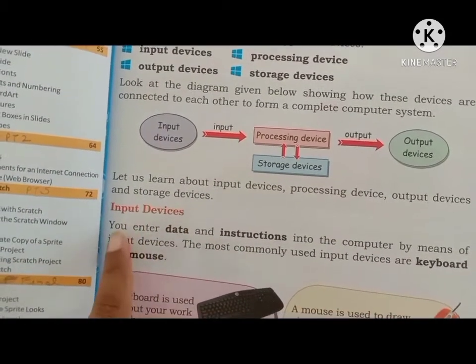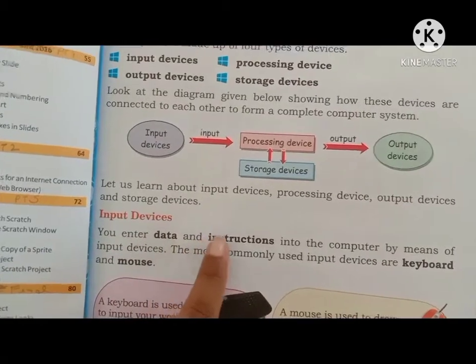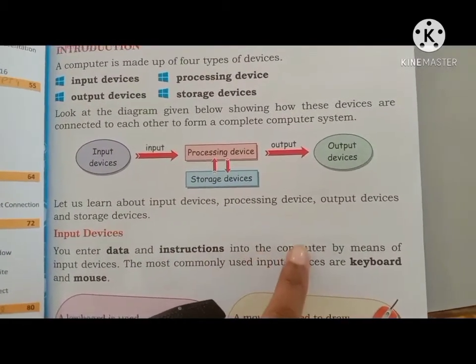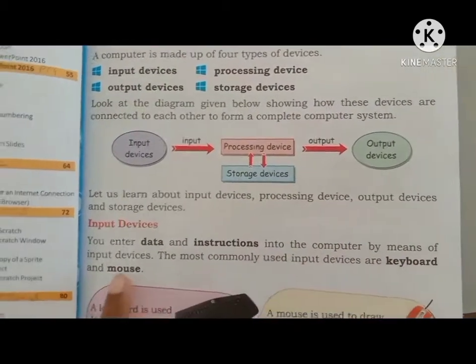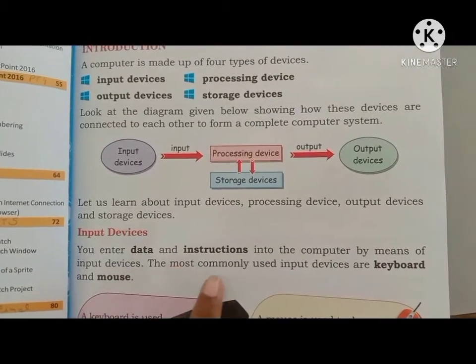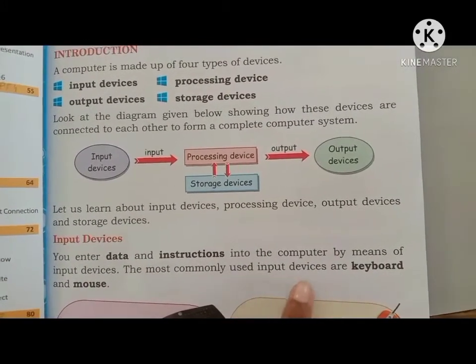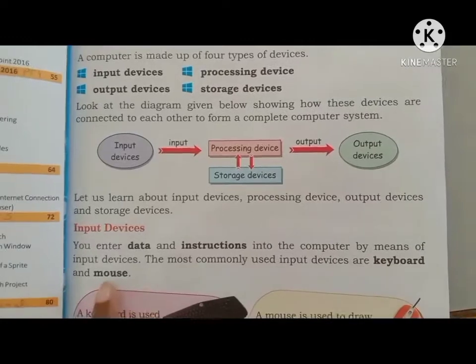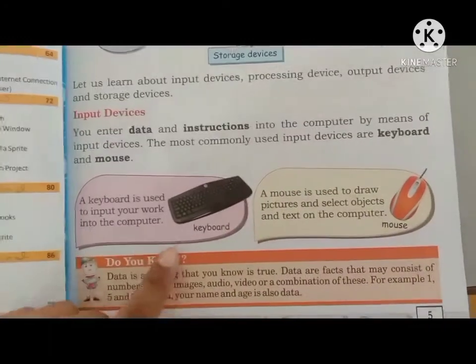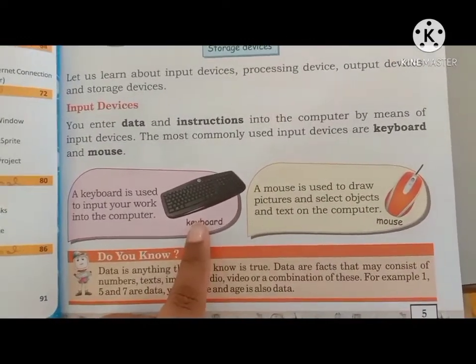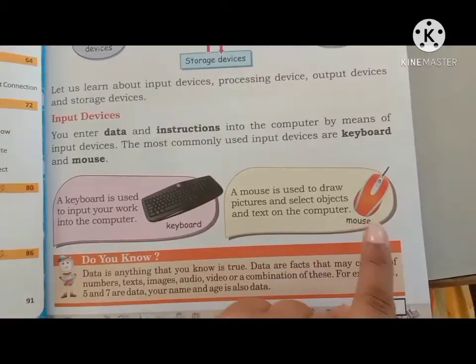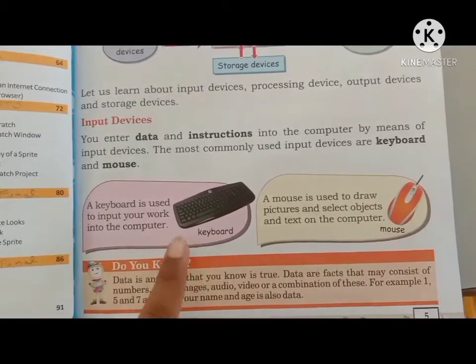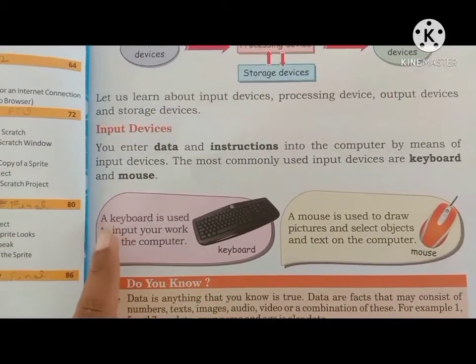Input devices. You enter data and instruction into the computer by means of input devices. The most commonly used input devices are keyboard and mouse. Students, as you see, this is keyboard and this is mouse. Let's see what is keyboard.